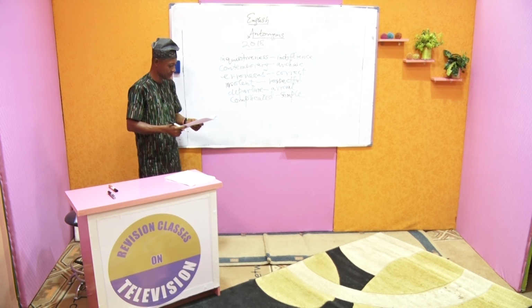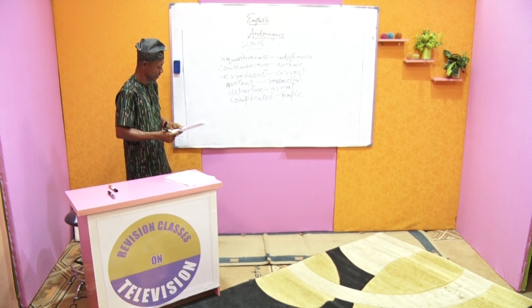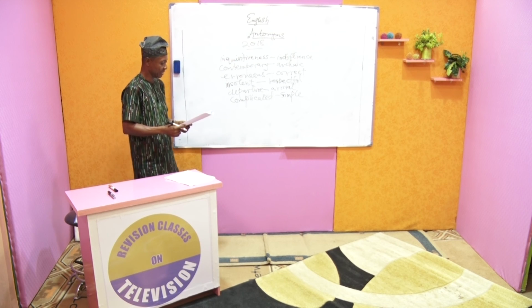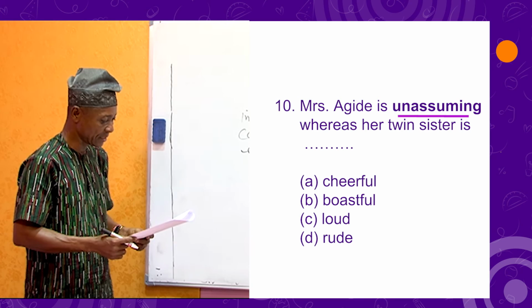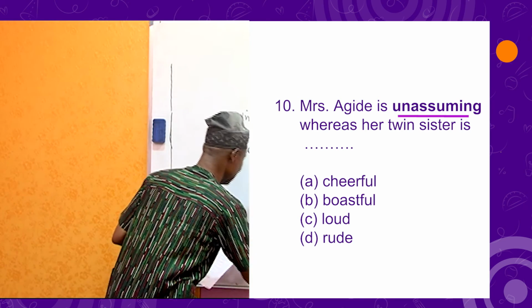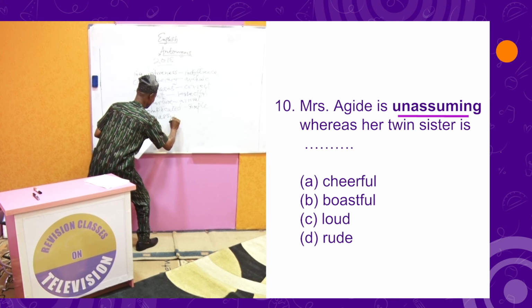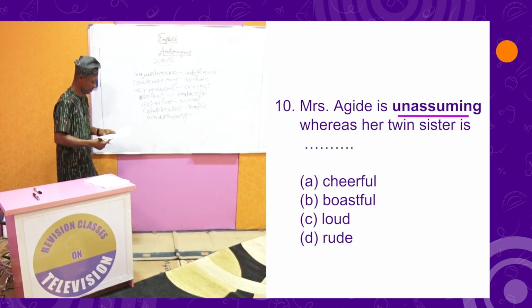Now we go to the last question in the year 2018, number 10. Mrs. Akide is unassuming, whereas her twin sister is dash. The word underlined in the sentence is unassuming. And we have the following options.